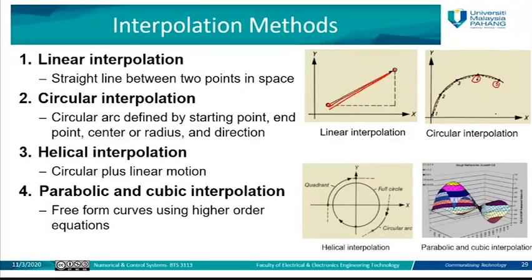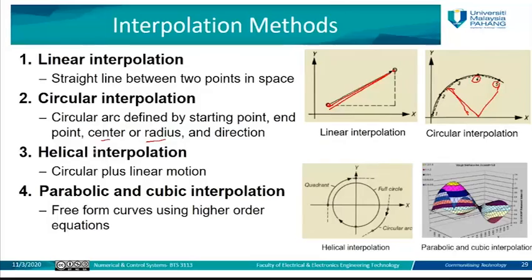Either we complete the circle or not, but it represents a part of the circle with some measurement of the diameter or radius. So circular arcs are defined by starting point, end point, center, or radius. In this case, we need to define either the diameter or the radius of this curve, so we call it circular.